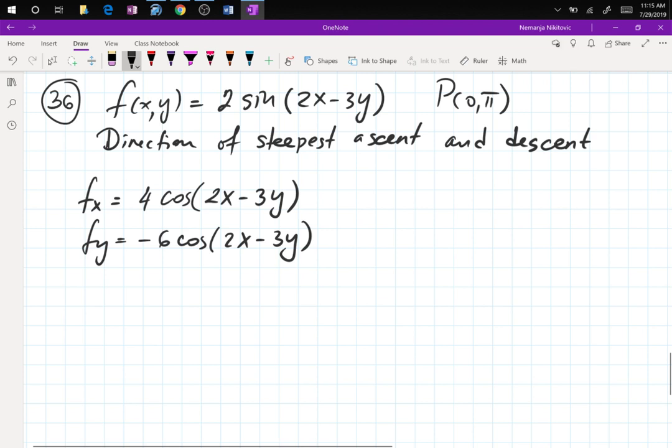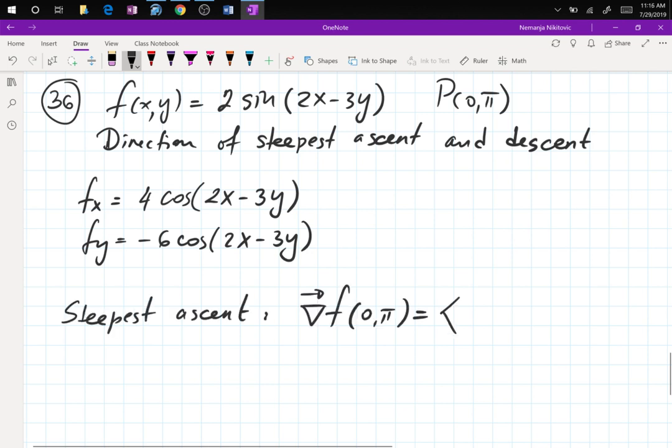So we have our partial derivatives, and at the point, when you plug in 0 it kills it, so it's 4 cosine(negative 3 pi), comma, negative 6 cosine(negative 3 pi).